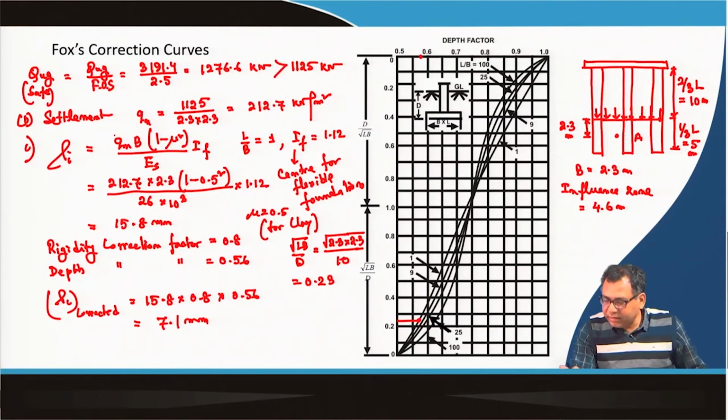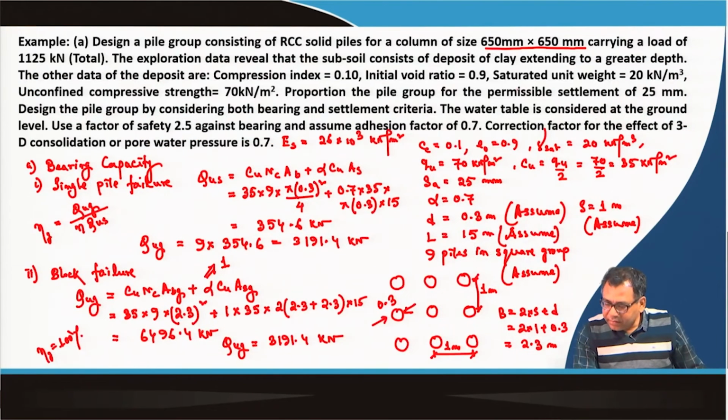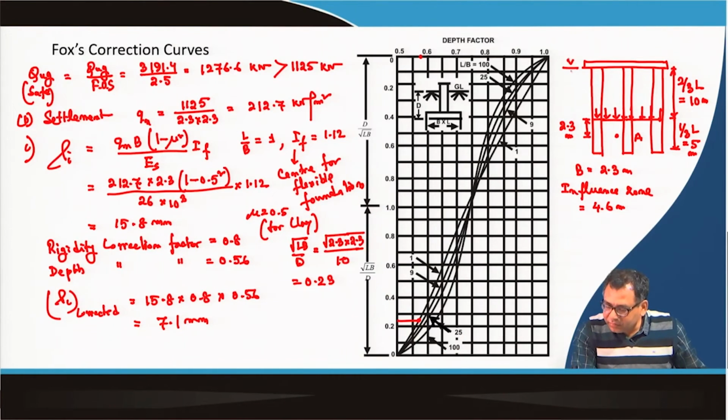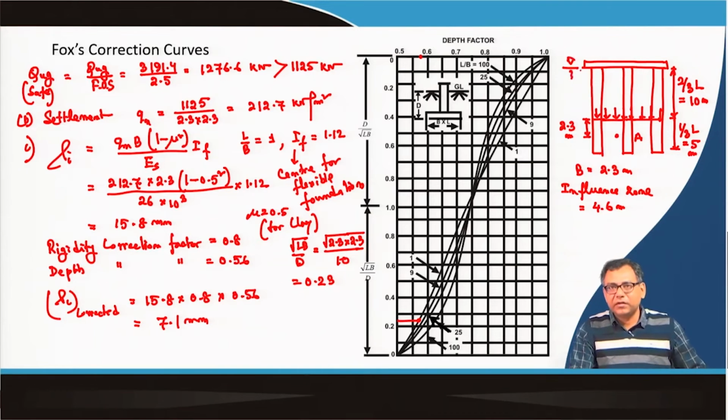and the water table is considered at the ground surface. So, for all the unit weights you have to consider the submerged unit weight, and point A is 10 plus 2.3, 12.3 meter from the ground surface.